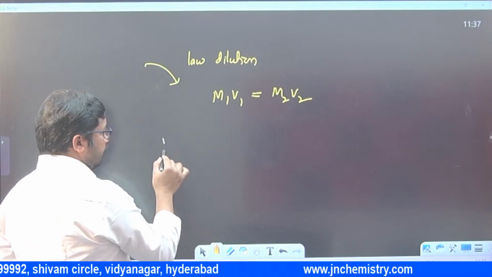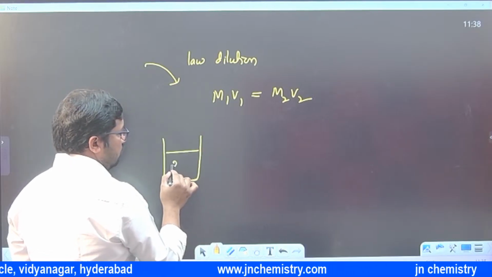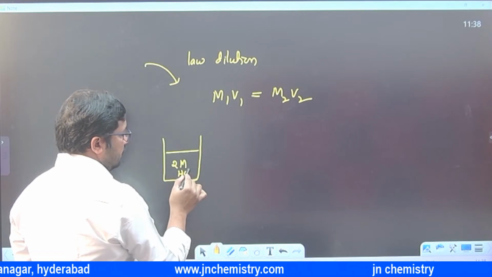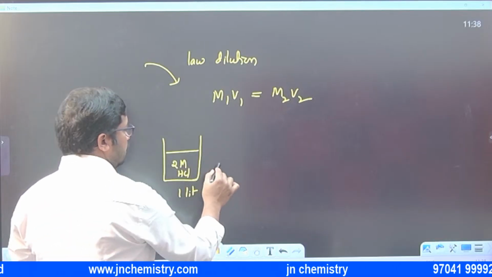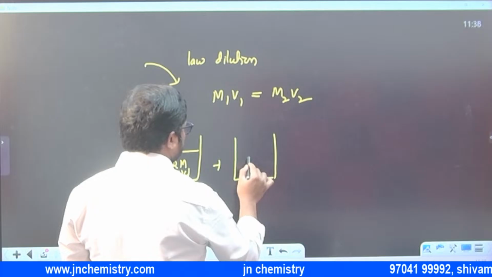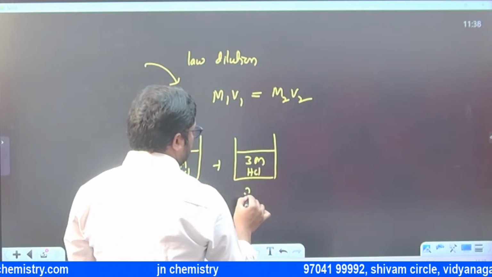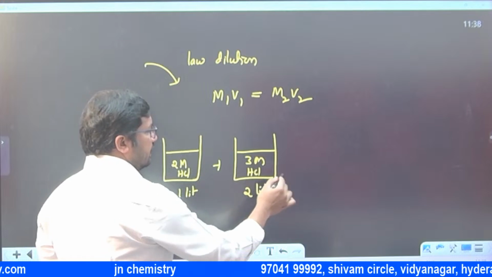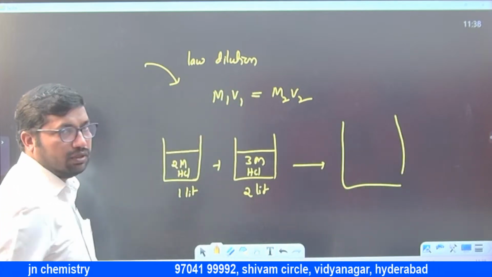In this case, if I am taking, for example, 2 molar HCl, 1 liter, plus 3 molar HCl, 2 liters, and mixing, the volume we can say is 1 plus 2, 3 liters.